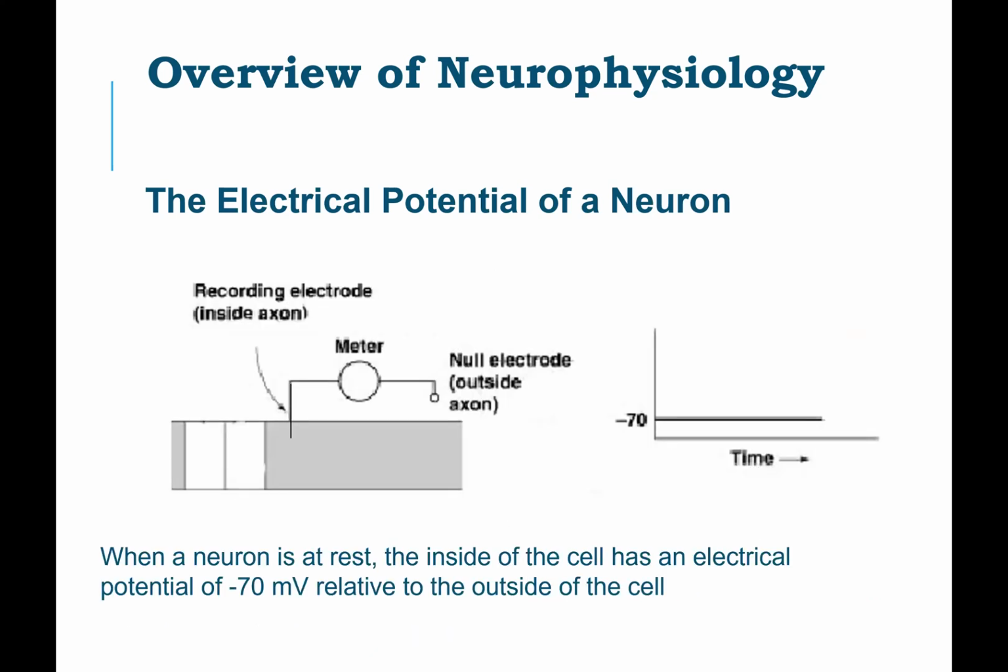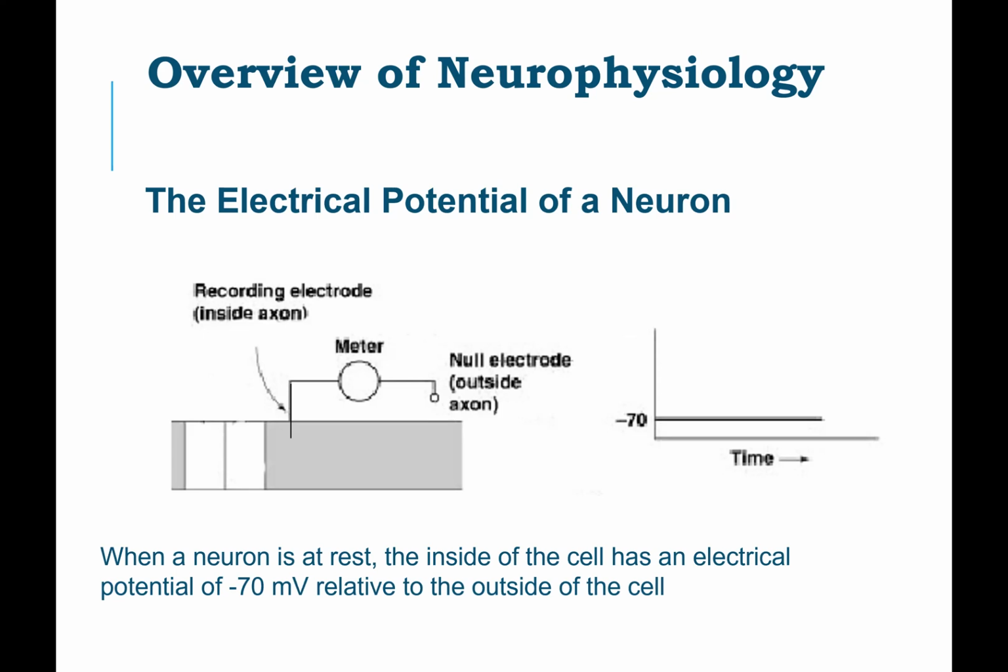What that means is that you have a lot more negative stuff inside of a cell versus positive stuff. And relative to outside of a cell, or relative to a ground level, the inside of a cell is very negative, basically minus 70 millivolts of negativity, right?